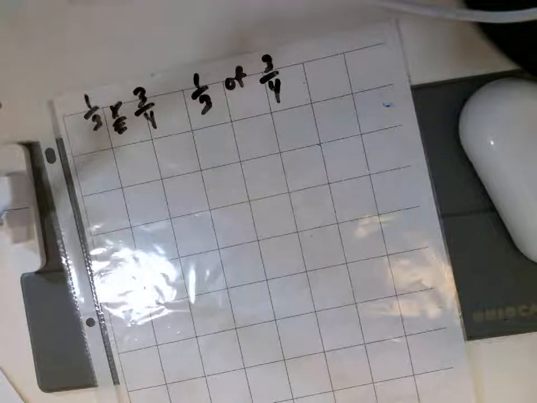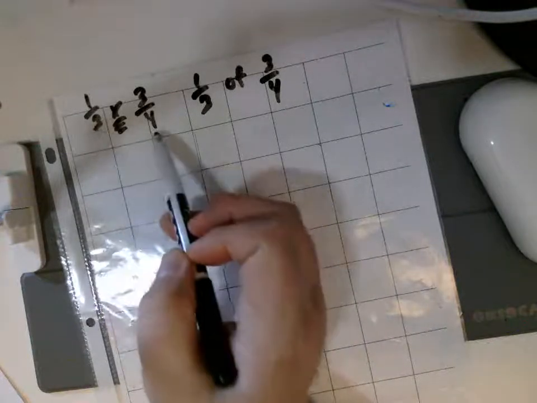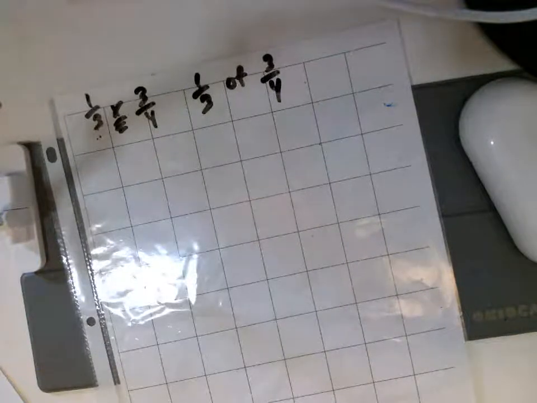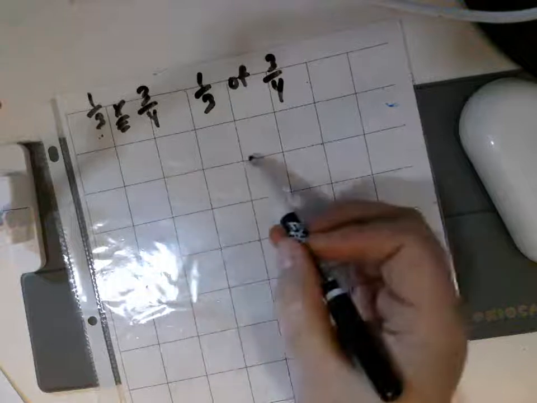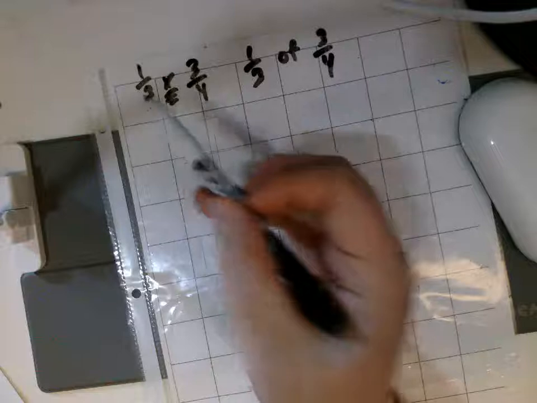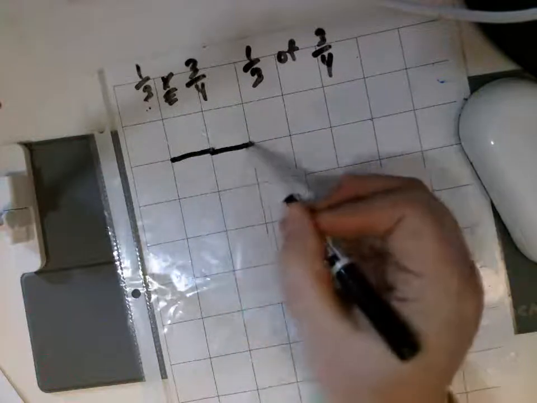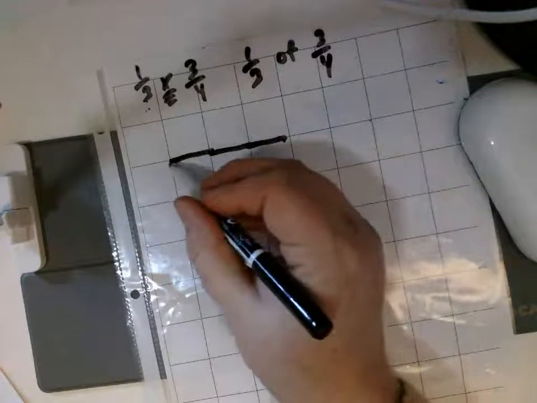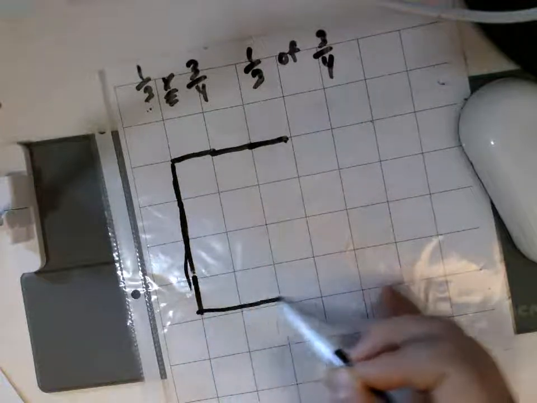So we know that we're going to take a look at these denominators to decide how many units we need each side of the whole to be. Okay, so we have 3. That's the first one. 1, 2, 3. And then we have the other denominator is 4. So 1, 2, 3, 4. Okay. Then we connect that up to create our whole.